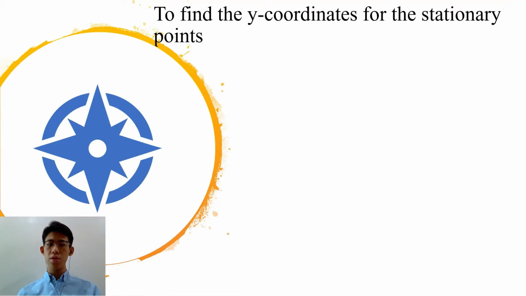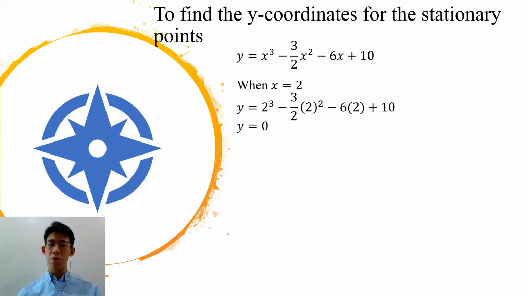After that, we need to find the y coordinate for the stationary points. How do we find it? We know that x equals 2 or x equals -1, and we have the original equation here. So we can simply substitute the x values that we found in the previous slide into the original equation. When x equals 2, y will become 0.